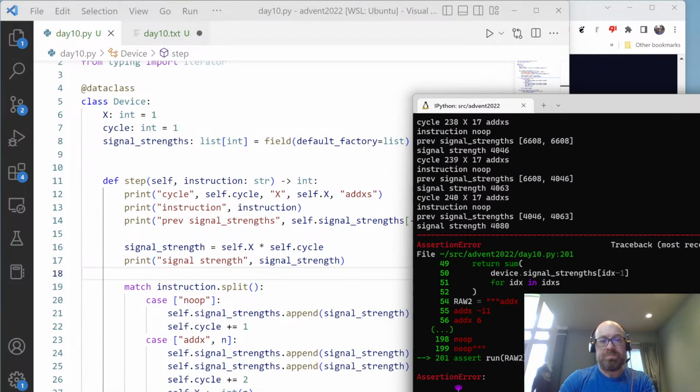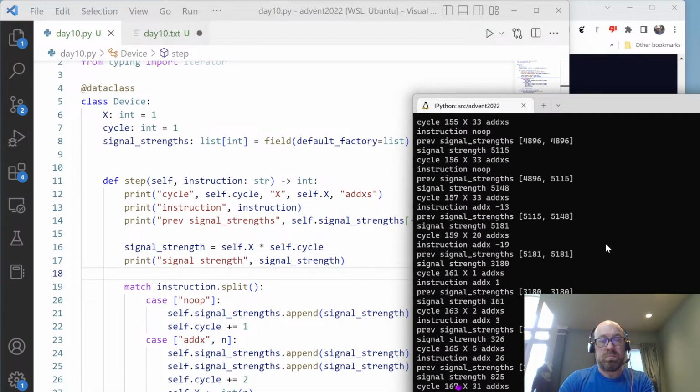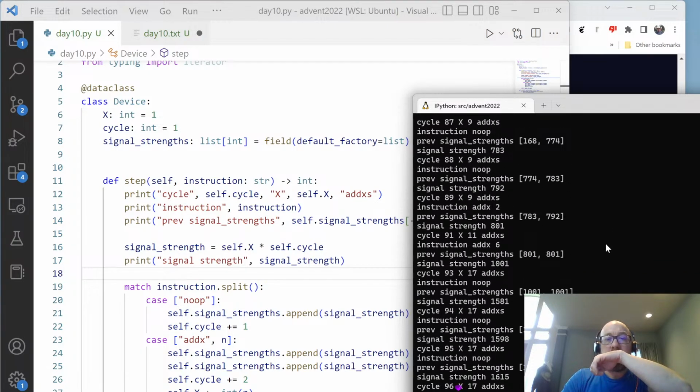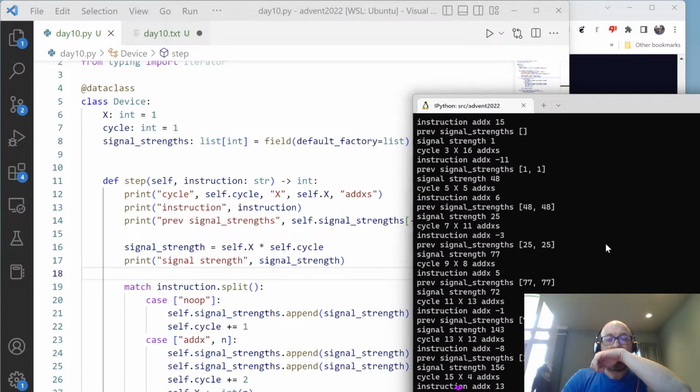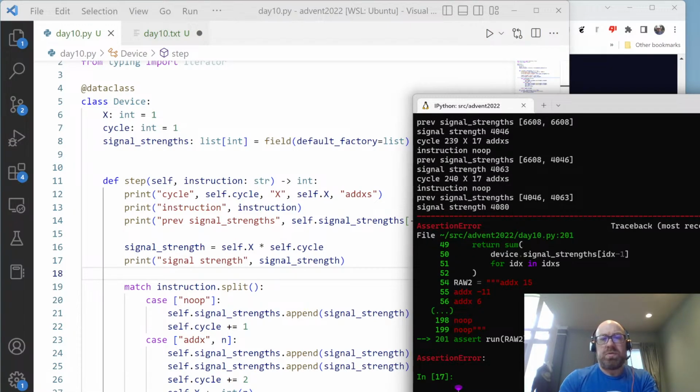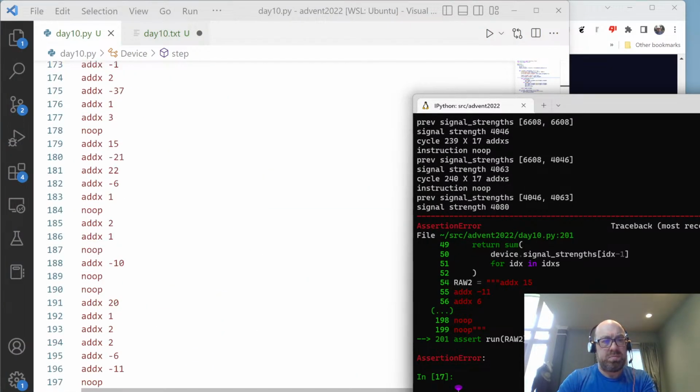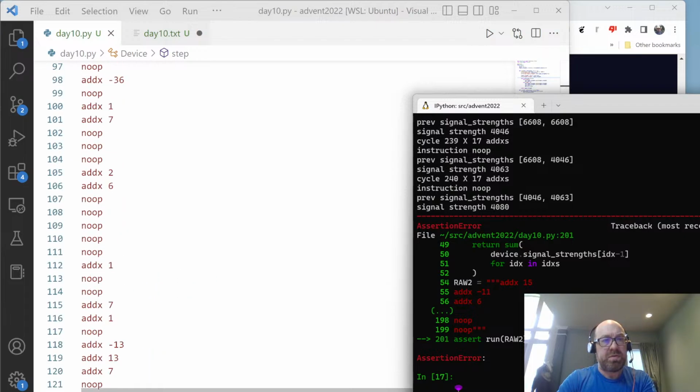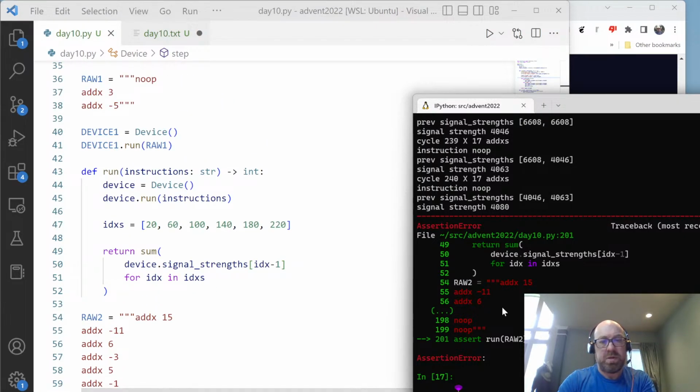Okay, let's try that one more time. Okay, so cycle 20, signal strength is 420. Then when I get to cycle 22, I've put... Okay, so that actually seems like it's doing the right thing. So let me see if I have like an off by 1 error or something.